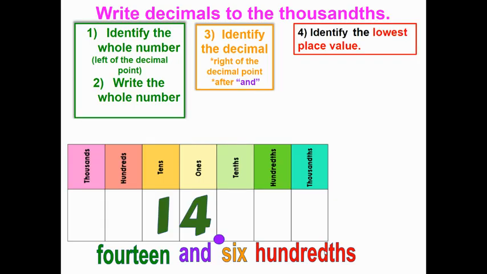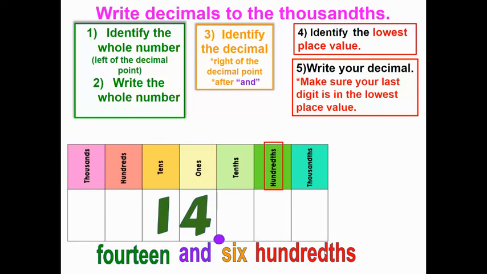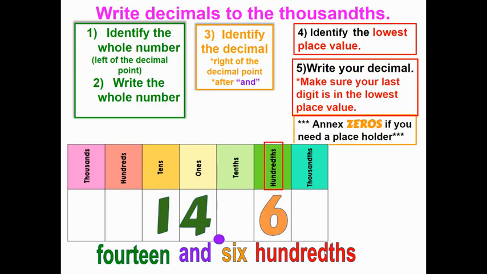I identify the lowest place value, which is the hundredths place, and I'm going to make sure that my last digit, in this case I only have one digit, which is a 6, is going to go into the hundredths place. In order for me to make sure that I'm representing 6 hundredths and not 6 tenths, I'm going to annex a 0 and leave that as a placeholder.